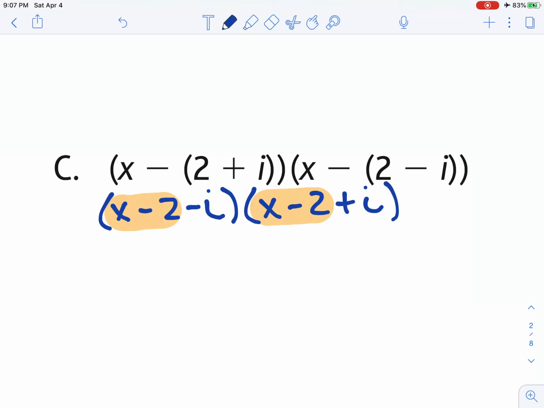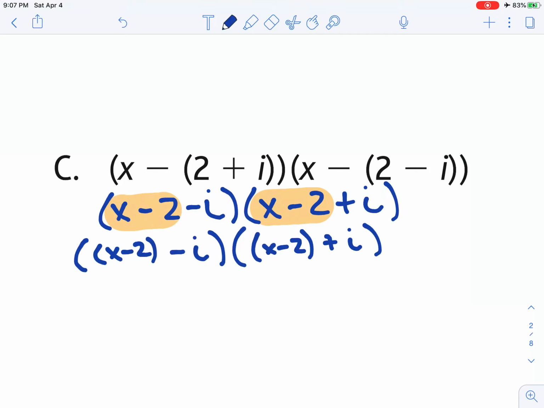Then we have a minus and a plus with an i. So we're going to rewrite it as x minus 2 in parentheses minus i, x minus 2 in parentheses plus i.